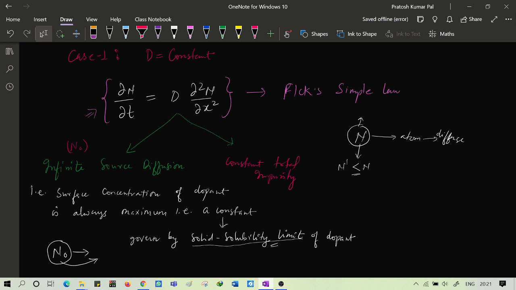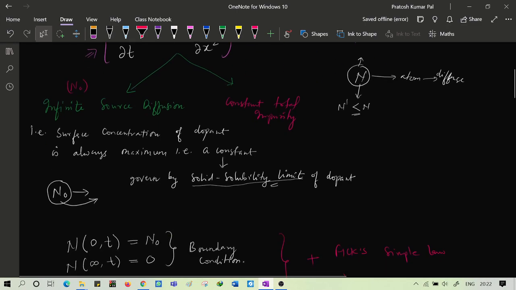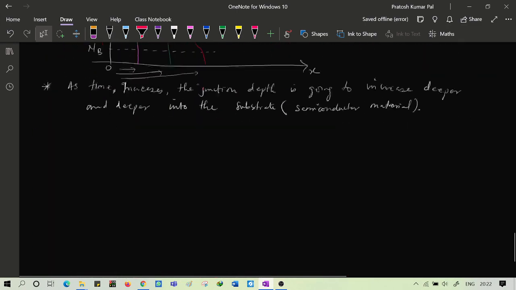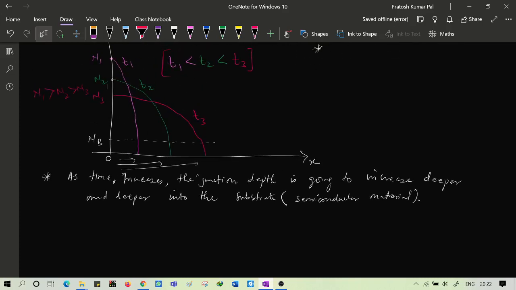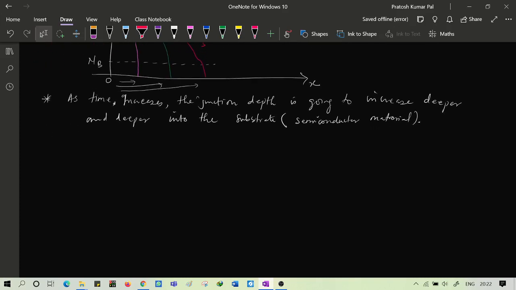Overall it has a constant total impurity, but it will start with a lower value in each case. So this was the analysis of case 1.